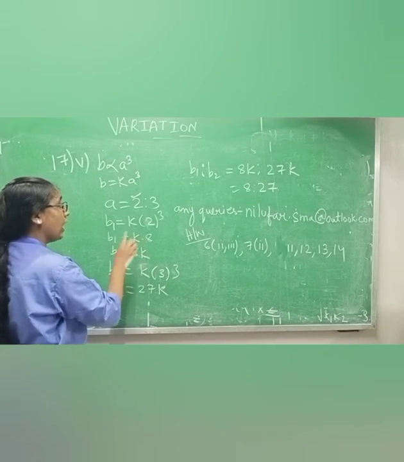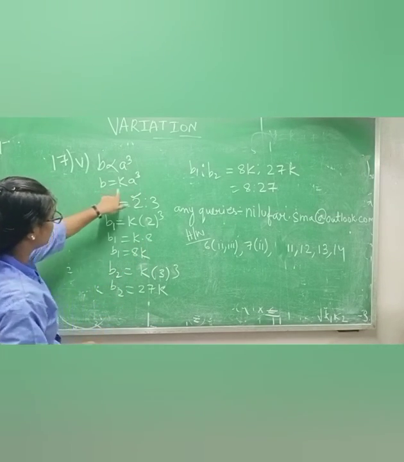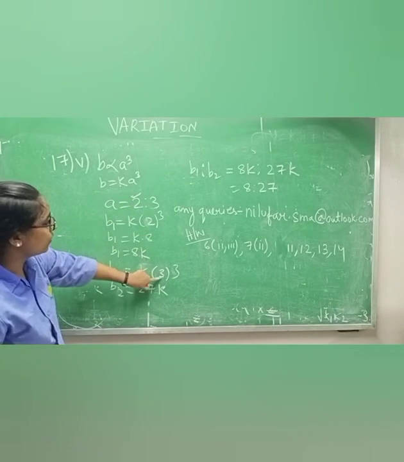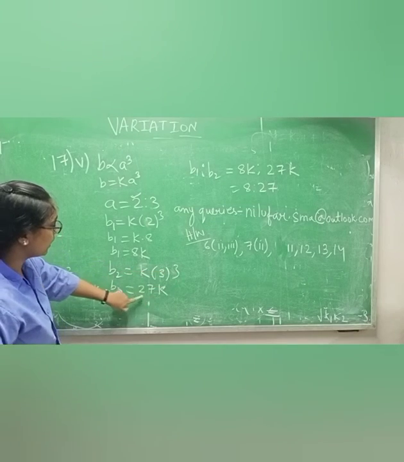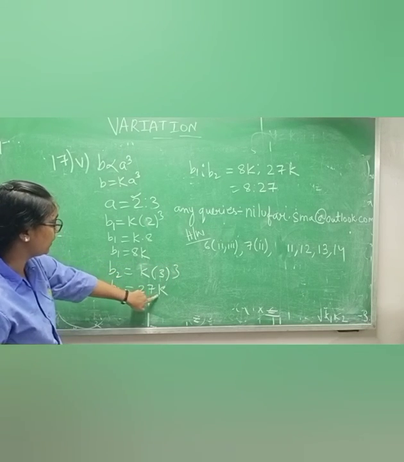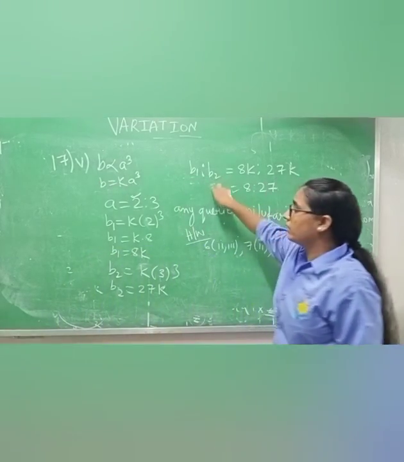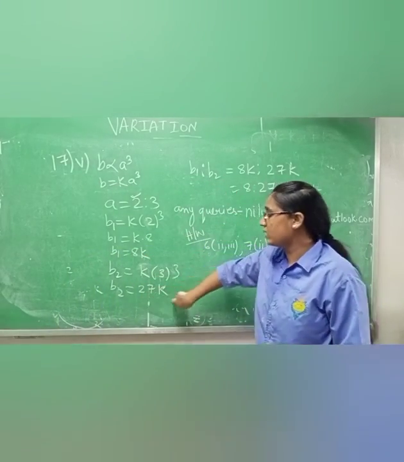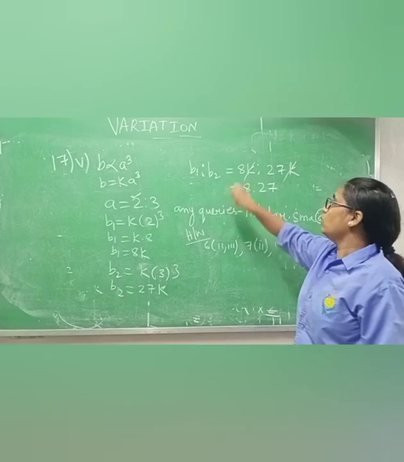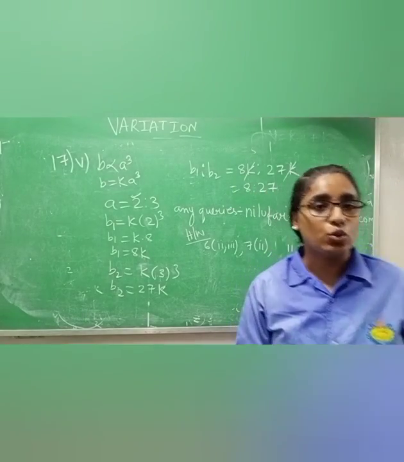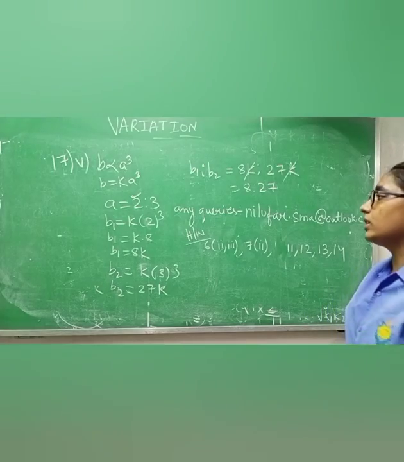Again we will write b2 equals k. Now a value is 3, so we will write 3 cube. Now 3 cube will be 27k, b2 equals 27k. Now b1 is to b2, b1 is 8k, b2 is 27k, k will cancel out, 8 is to 27, means it will increase in the ratio 8 is to 27.